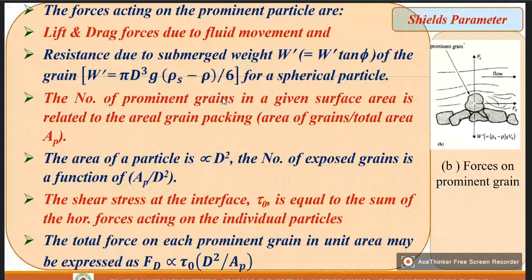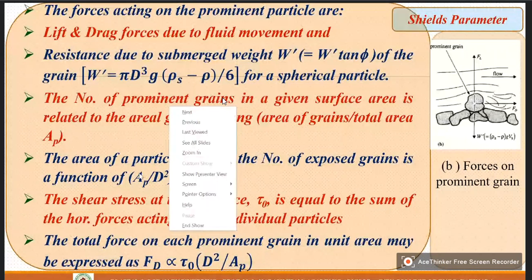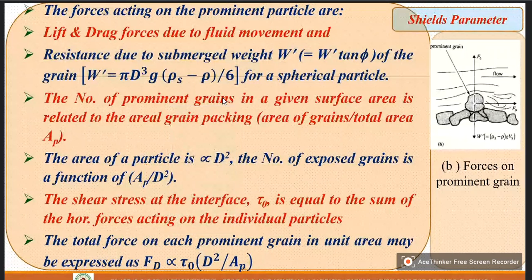So the area is always written as proportional to d square. Therefore, the number of exposed grains is equal to total area divided by area of each particle. So it is a function of AP, the total area, and d square is the area of each grain.